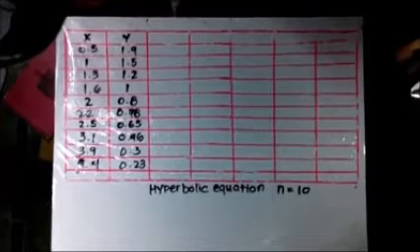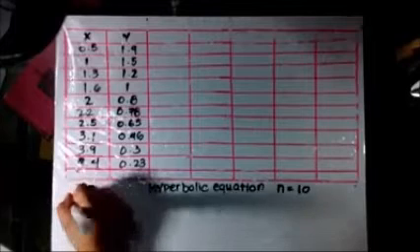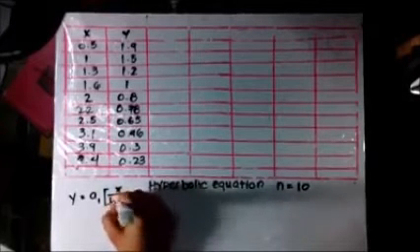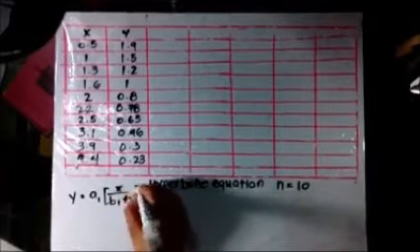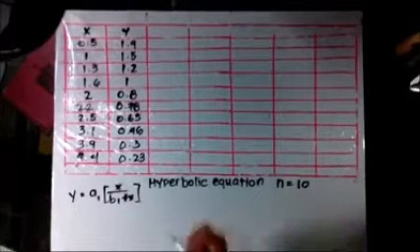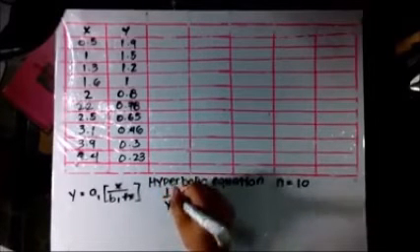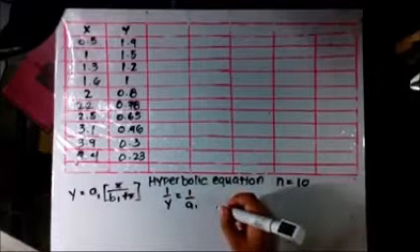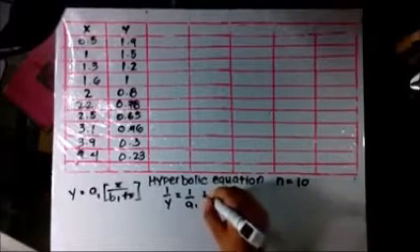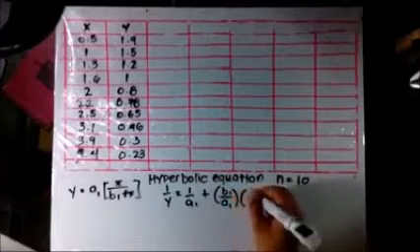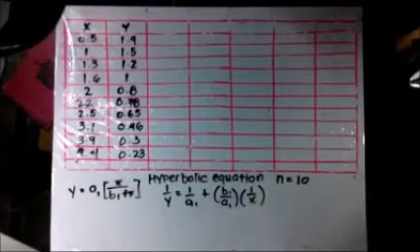Hyperbolic has an equation of y is equal to a sub 1 times x over b sub 1 plus x. For linearization, we have an equation of 1 over y is equal to 1 over a sub 1 plus b sub 1 over a sub 1, then 1 over x.